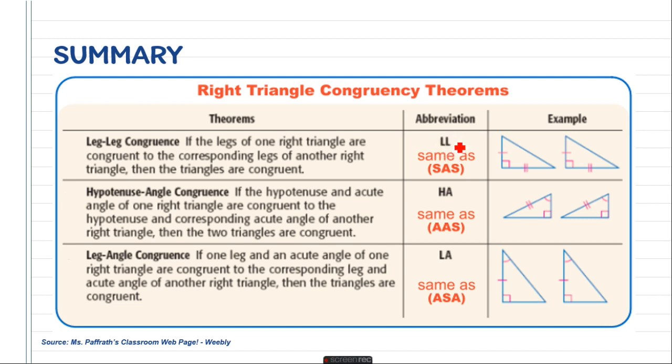Your LL is the same as side-angle-side: we have the side, the angle, and the side. So SAS. HA or HYA is similar to AAS: this is your angle, this is your angle, and this is the non-included side. For LA, this is similar to ASA: this is your angle, this is your included side, and this is also your angle.